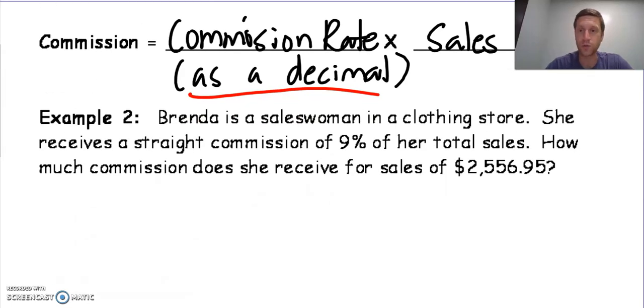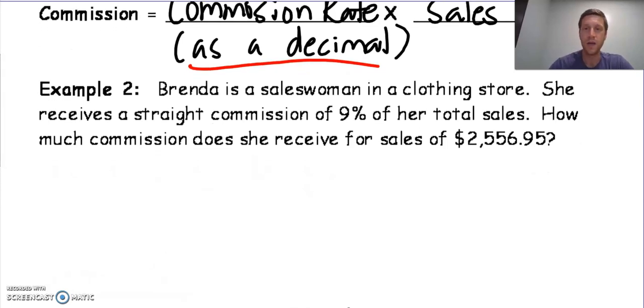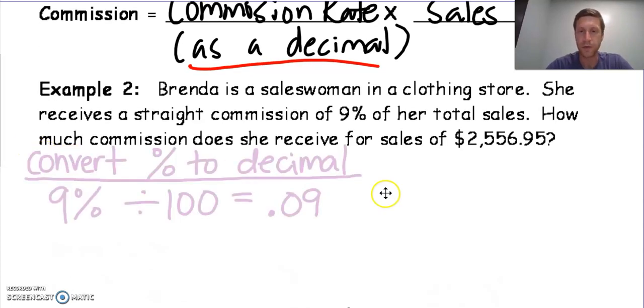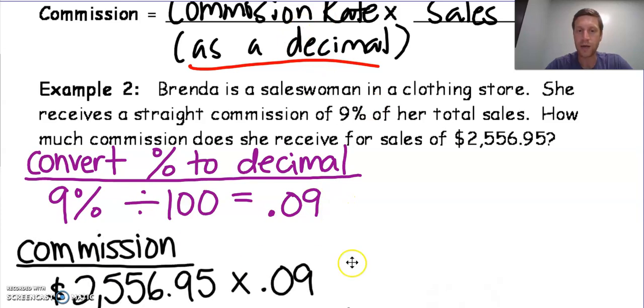So Brenda's a saleswoman in a clothing store. She receives a straight commission of 9% of her total sales. So that 9%, the first thing we want to do is convert that to a decimal before we do any calculating. We don't want to use the number 9. We want to use the number 0.09. And then using our commission equation from the top of this page, I take that 0.09 and multiply it by the sales.